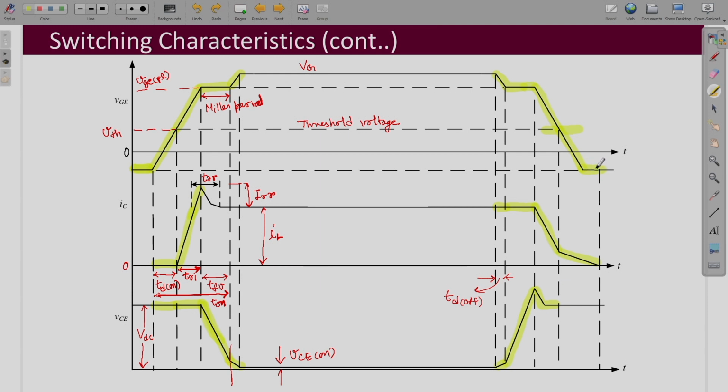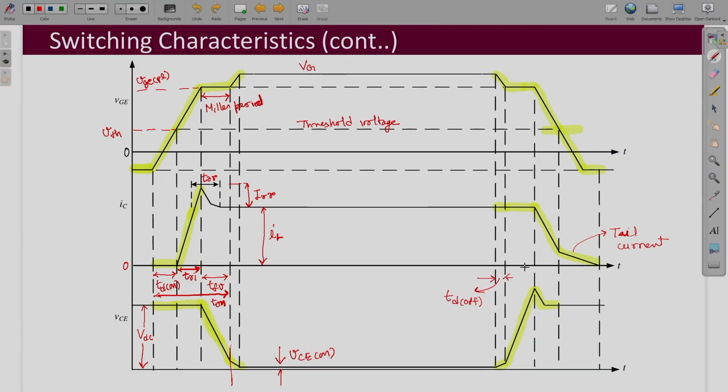This current is the tail current, and this is what makes the turn off process of IGBT slower than that of MOSFET. That is why IGBTs switch at lower frequencies than MOSFETs, because of this tail current.